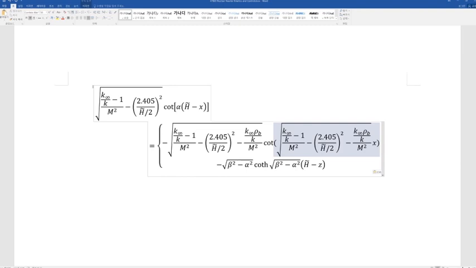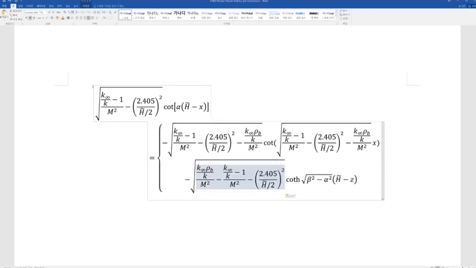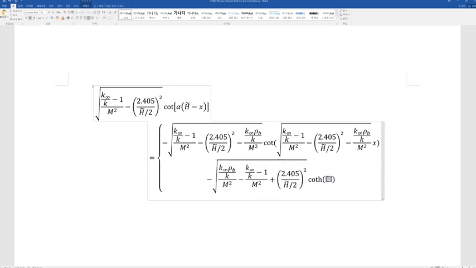In this case, so beta squared minus alpha squared, then the second term should be plus. That is correct. So instead of a cotangent hyperbolic, x in front of x, we have a square root of this.